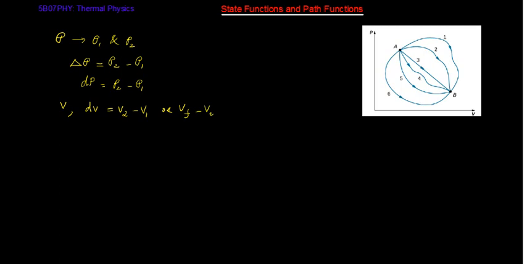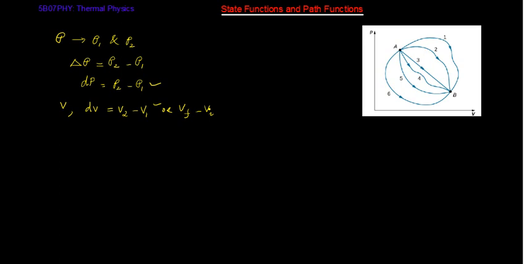So it doesn't depend on whether the volume has reached its final value too fast or too slow. It all depends only on the initial and final values of the volume. So both dP and dV are known as state functions.